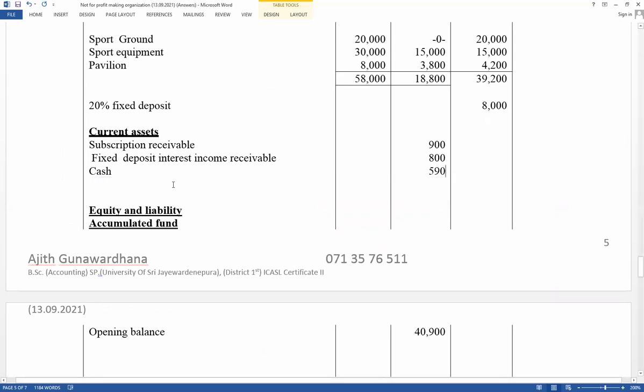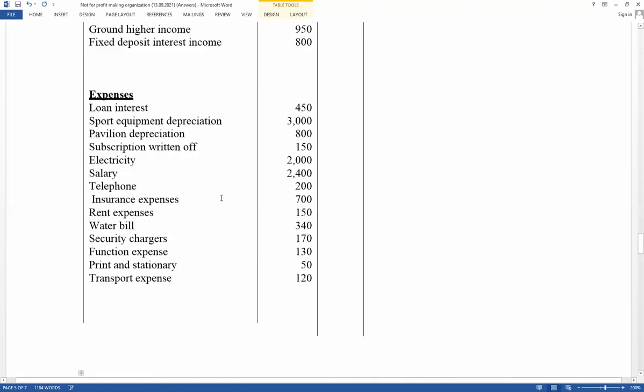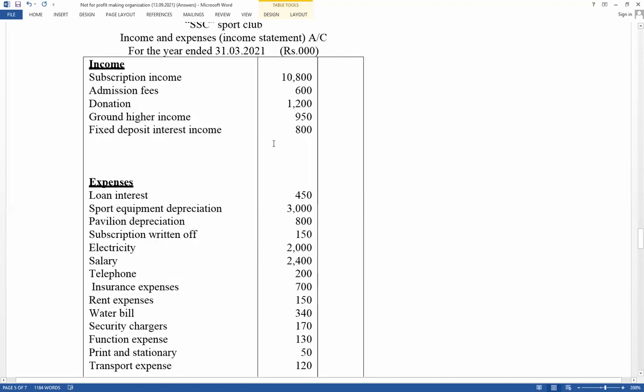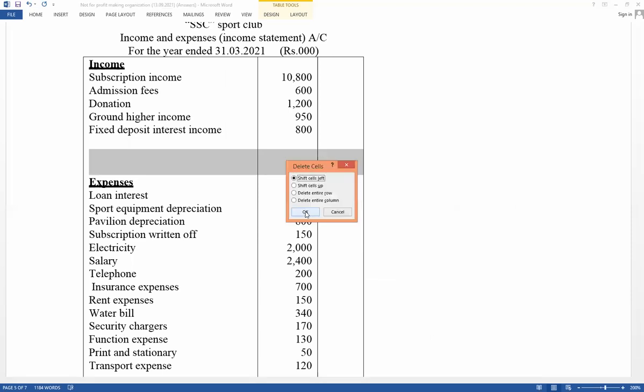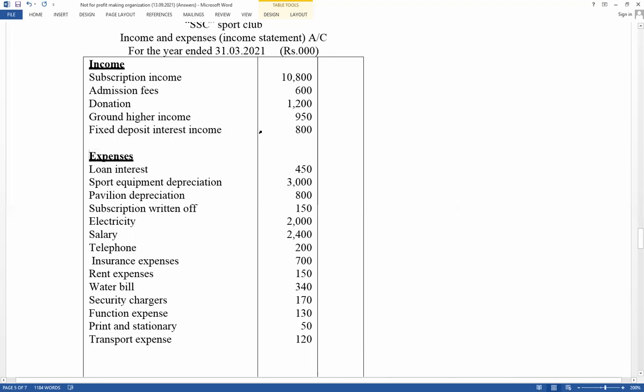Try to complete the income statement. Surplus and deficit can be calculated. Take income total value as well as expense total value. Take total income as well as deduct total expense.